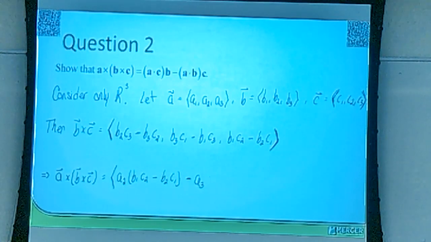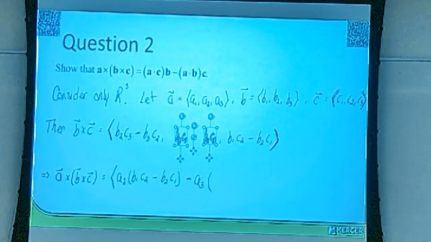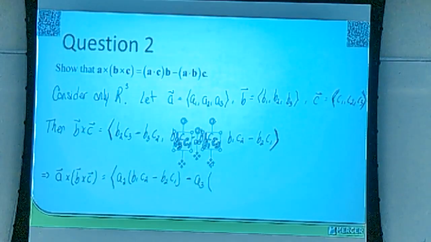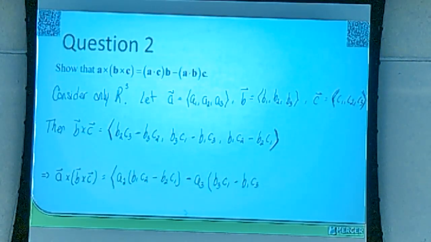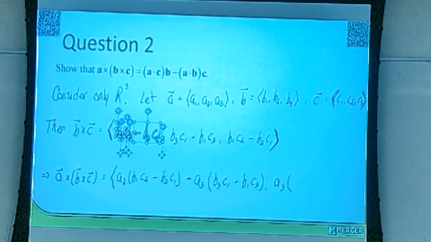Then the A3 times that, right? A3 times the first component.